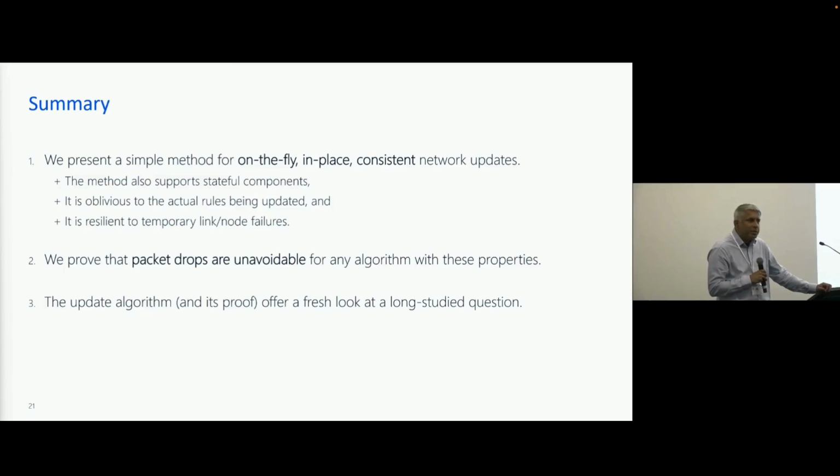Yeah, that's a really interesting question. One of the things we've shown in the paper, and this is not a practical thing but an interesting concept nonetheless, is that if your network doesn't have cycles, then you can update it without any packet loss. Now, could you do some lightweight analysis of the update and use that to further reduce the packet loss?